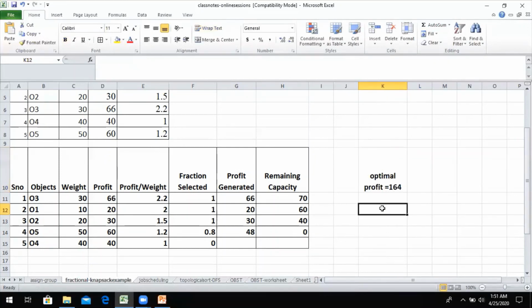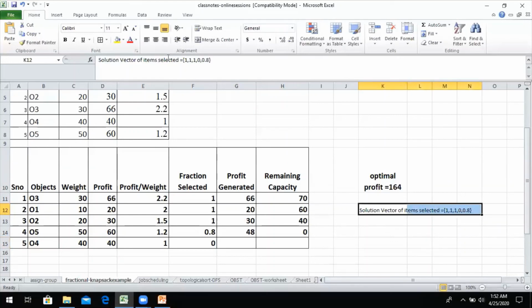And what are the items selected that have generated this profit of 164? The solution vector of items selected would be object O1 with 1 unit, object O2 with 1 unit, object O3 with 1 unit, object O4 with 0 units, and object O5 with 0.8 units.